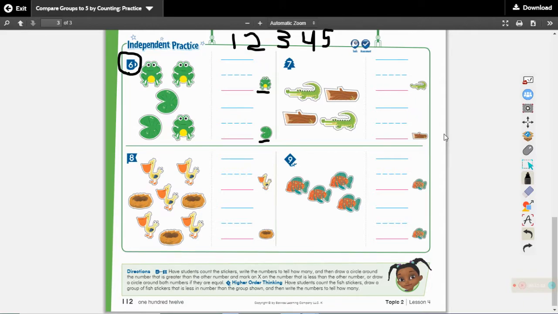You need to put an X on it. The number that comes last in our number line, it's greater than, so you need to circle that one.